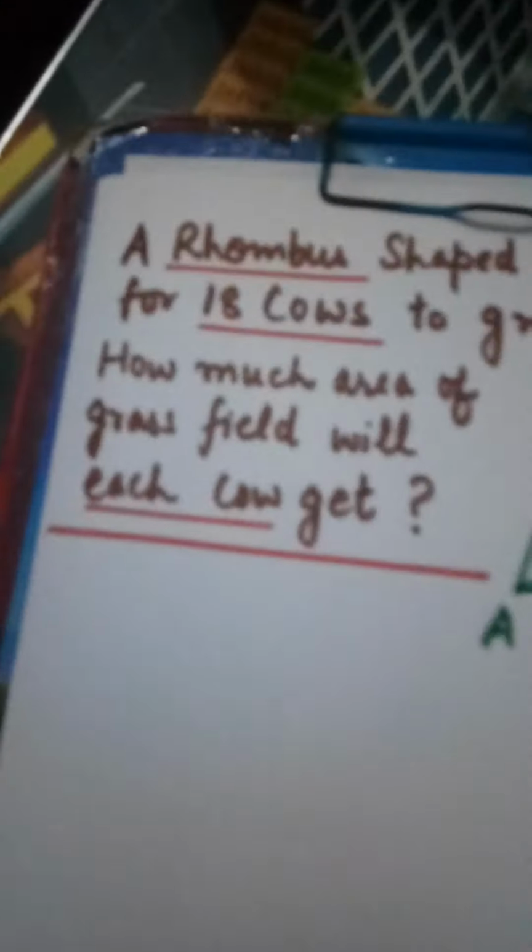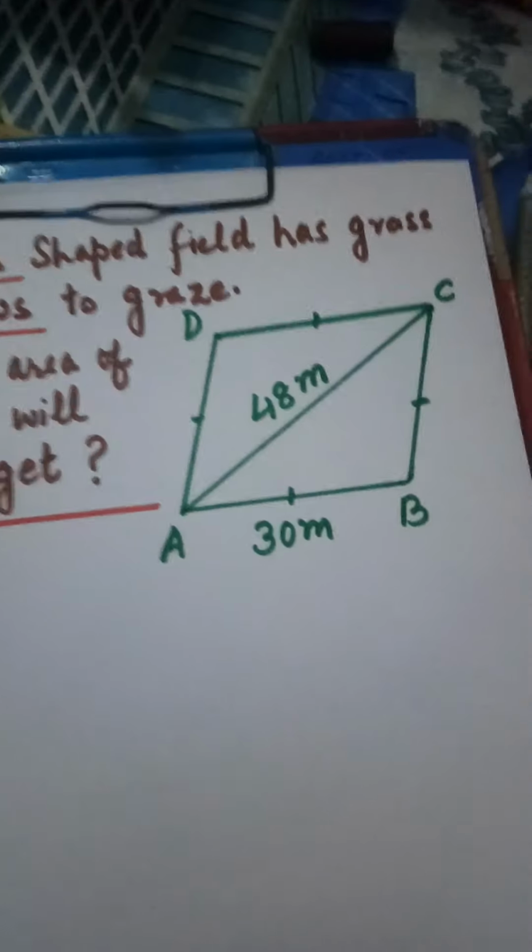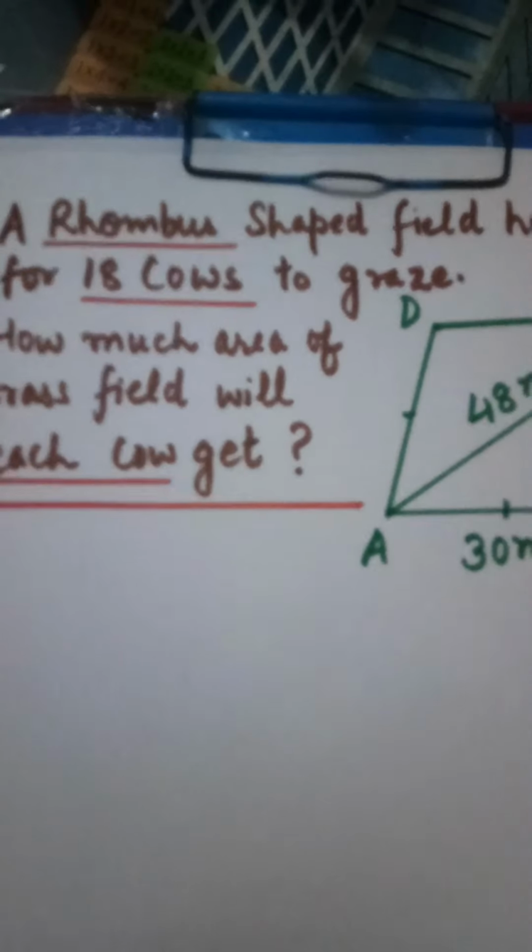Let's come to that. Here is our first topic. The topic is in the form of a question. I have taken a figure, a rhombus here. A rhombus shaped field has grass for 15 cows to graze.